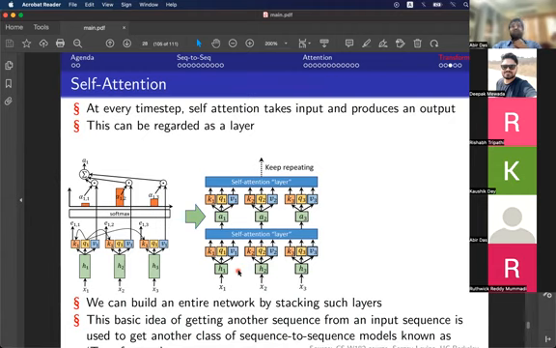So it has some inherent knowledge that cute follows A, puppy follows cute, and so on. And this order is helpful in making a sensible output.